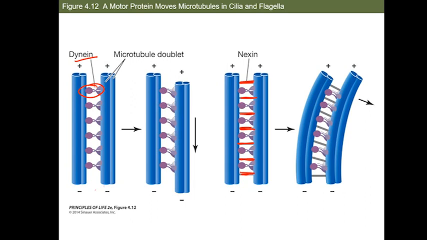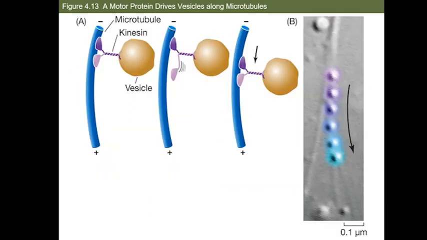So when these cause it to move, it bends. So here is the microtubule and the kinesin. You can see how it walks along it. So the one that was in back comes forward, and then they just keep walking down the tubule like that.